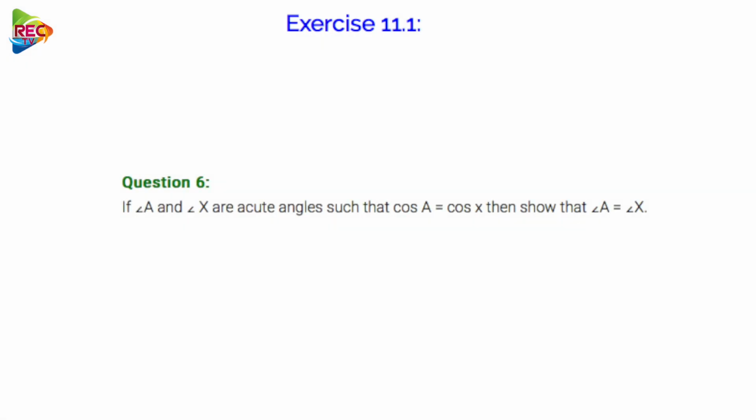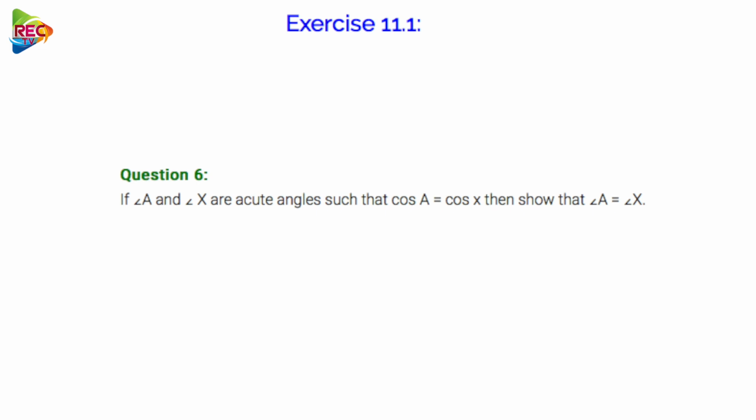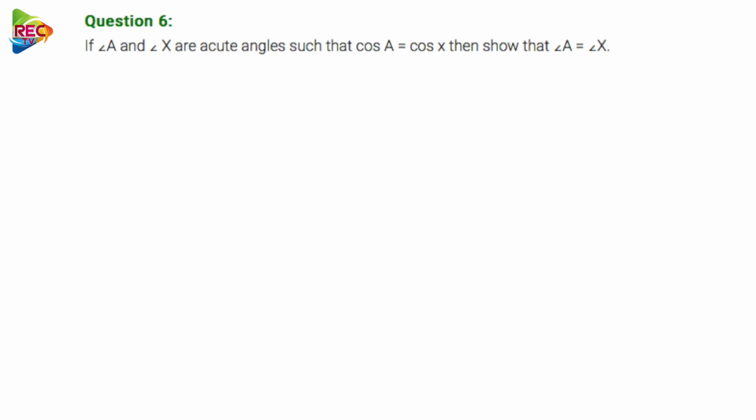Question number 6. If angle A and angle X are acute angles such that cos A equals cos X, then show that angle A equals angle X. First you draw the triangles ABC and XQR. These are two similar triangles.